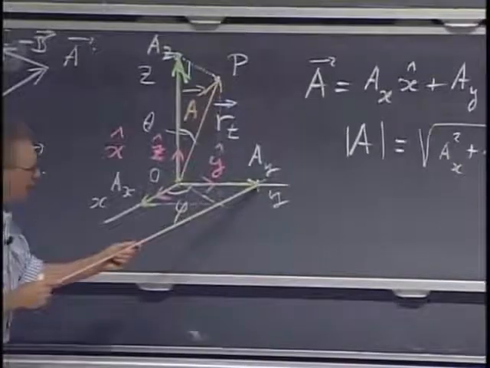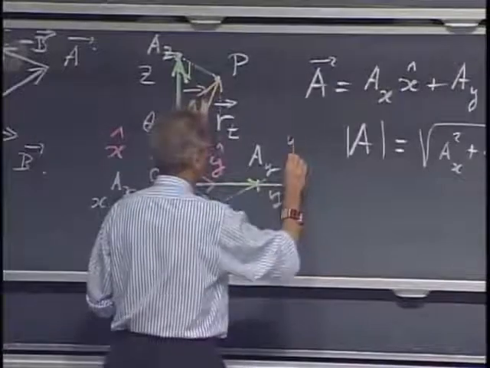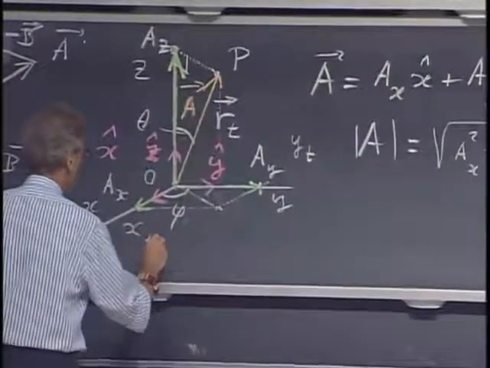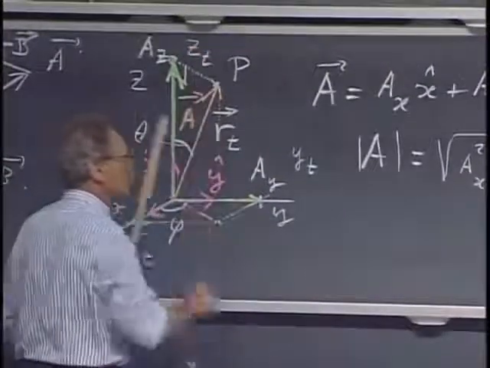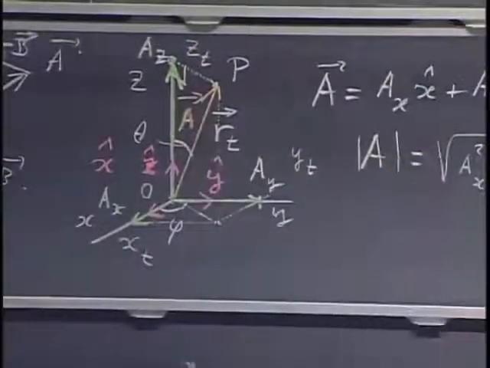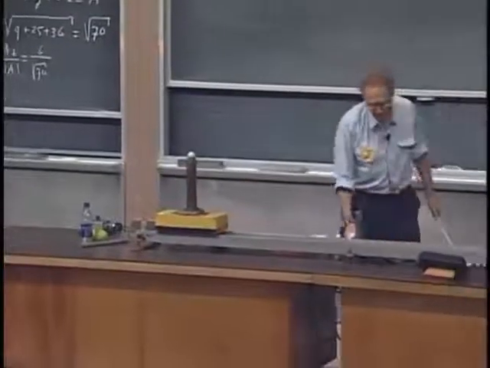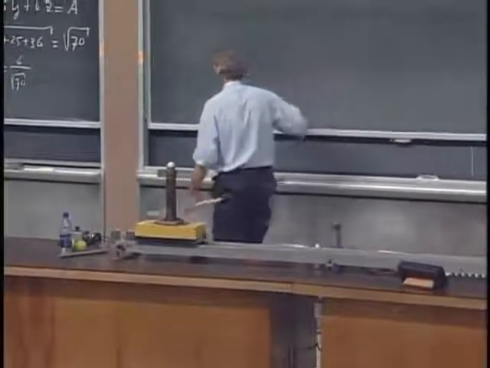I call this location Y of T. It's changing with time. I call this X of T. It's going to change with time. And I call this point Z of T, which is going to change with time, because point P is going to move. And so I'm going to write down the vector R in its most general form.